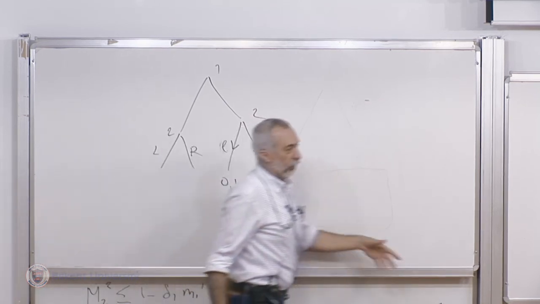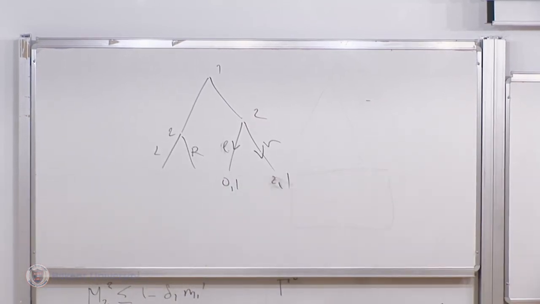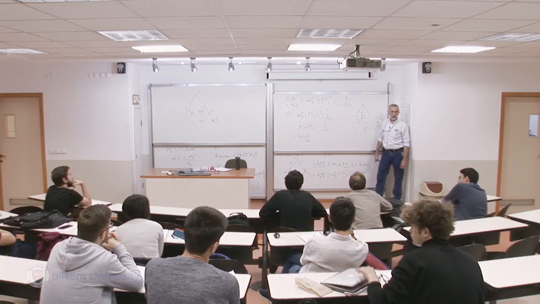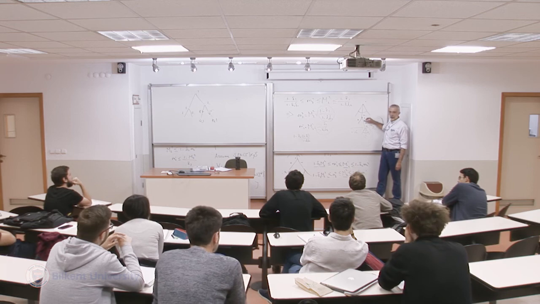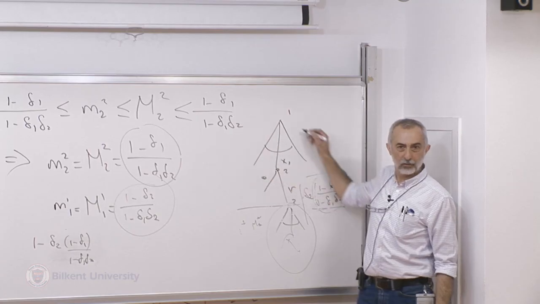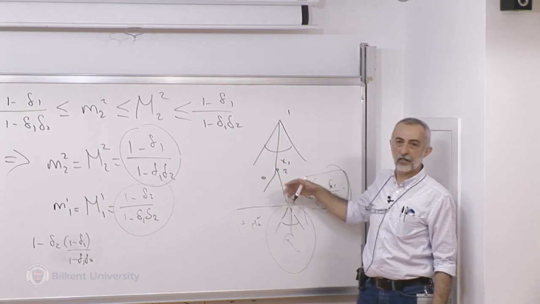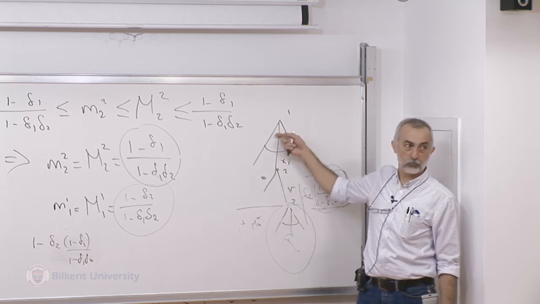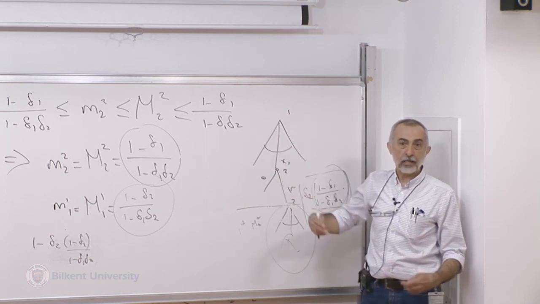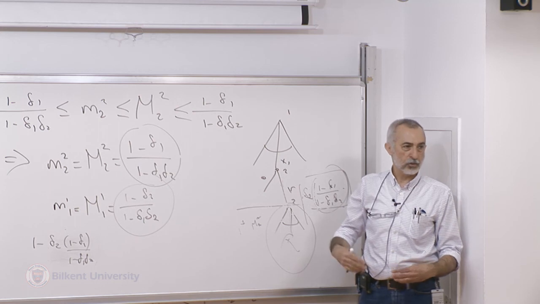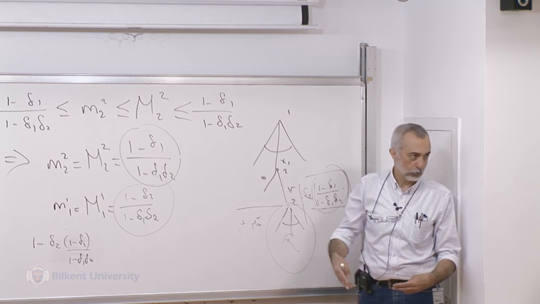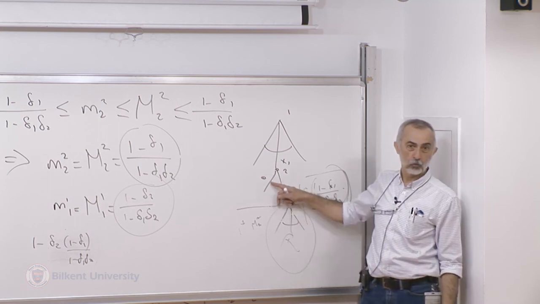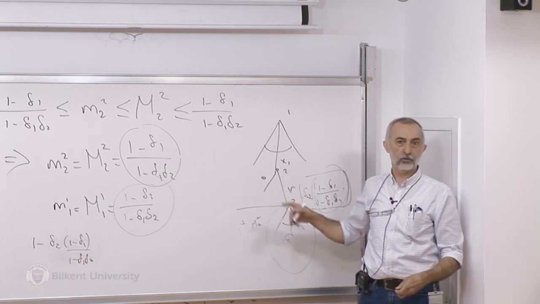So here, player 2 could be playing A, could be playing R, but maybe playing R does not yield the best response for player 1 here. Hence, that could not be a part of a subgame perfect Nash solution. But playing A would, which is what your friend had an idea.